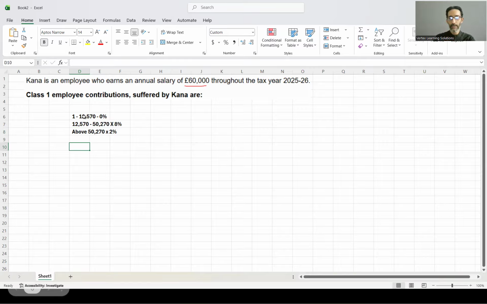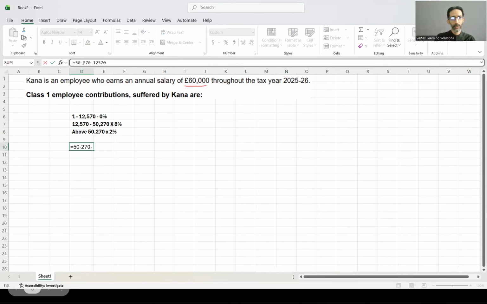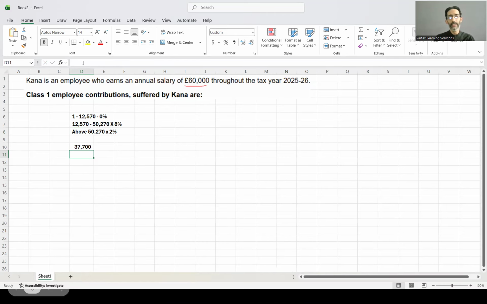We first need to see the difference between 50,270 less 12,570. Let's calculate this value. That is 37,700.